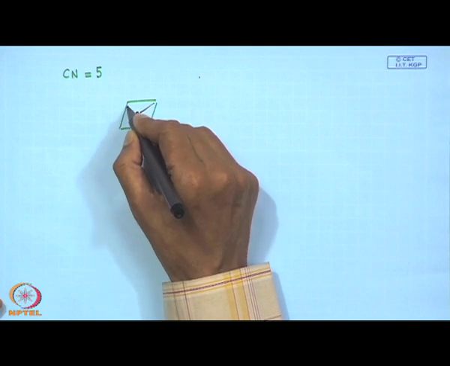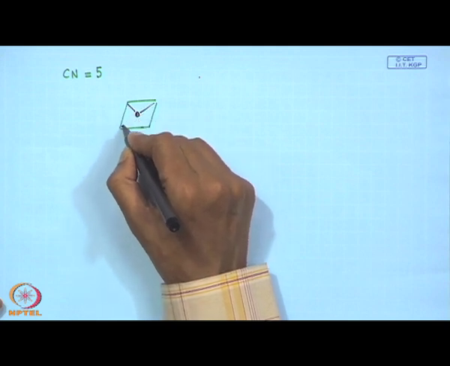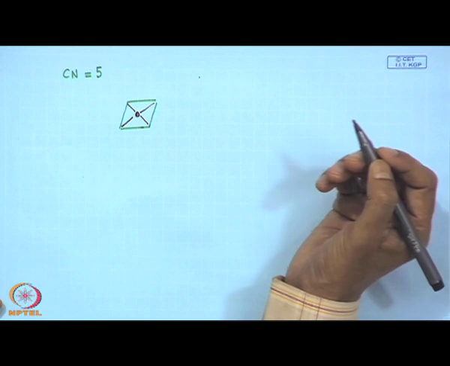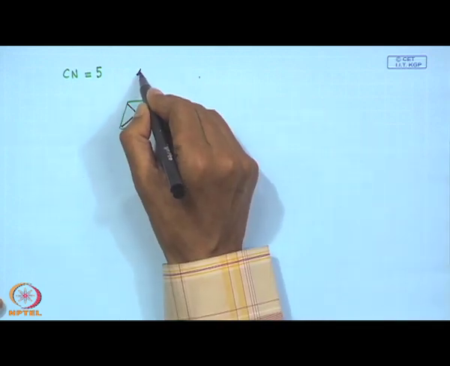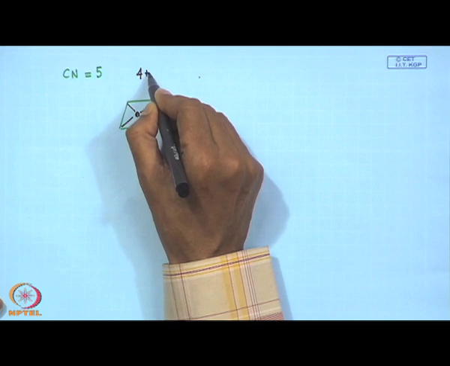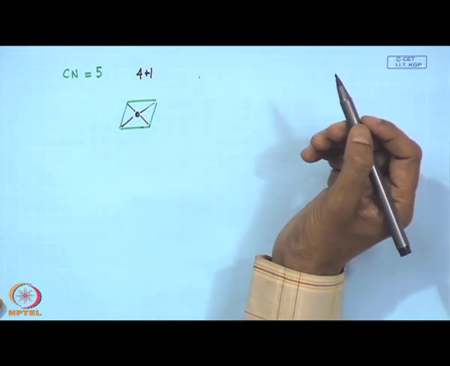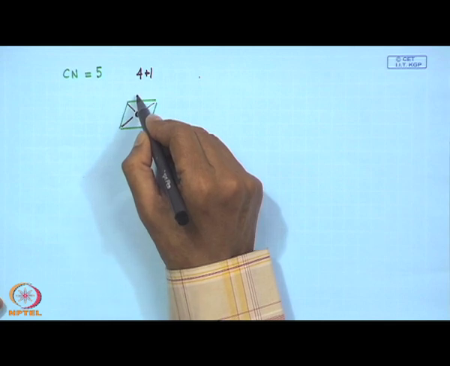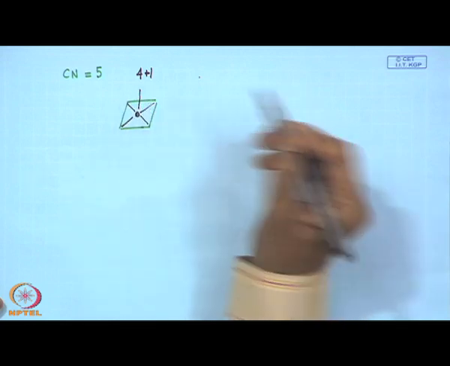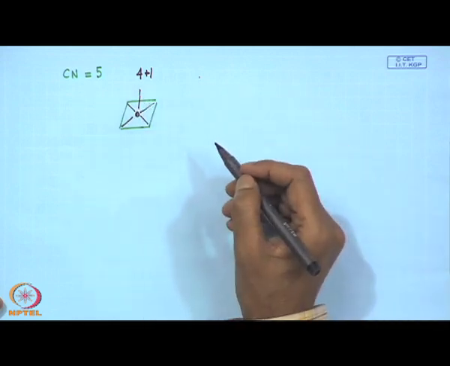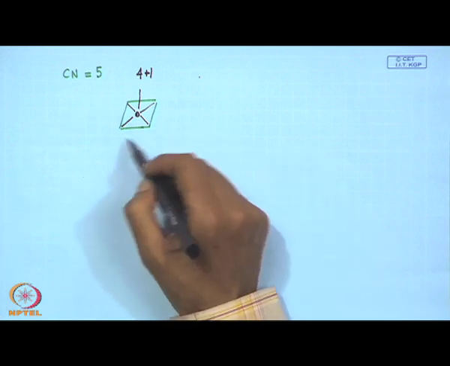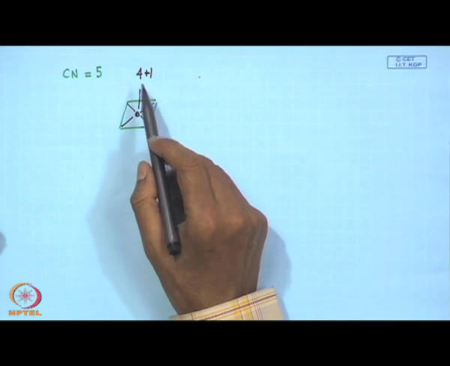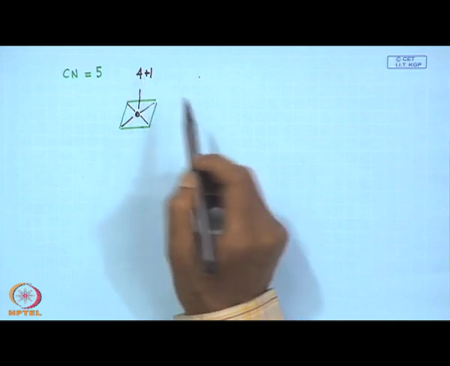We have one bond, second bond, third bond and the fourth bond. Since we already have 4 bonds, we add only 1 more. With one axial interaction, it is basically a square pyramidal geometry, which has a coordination number of 5.